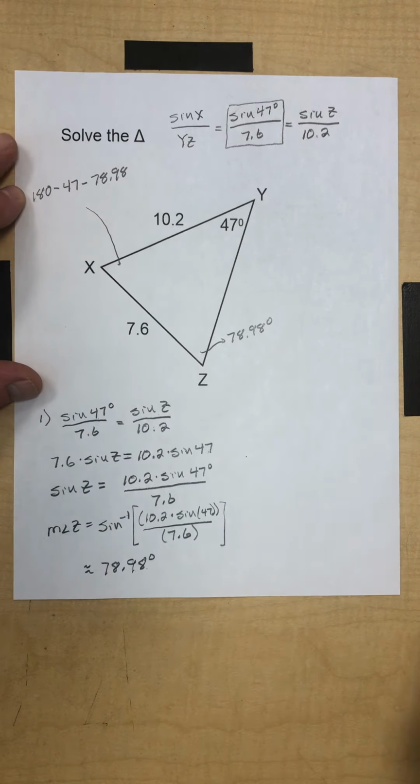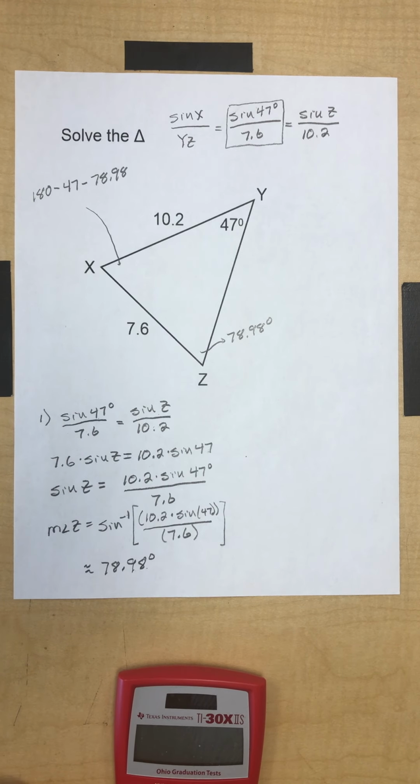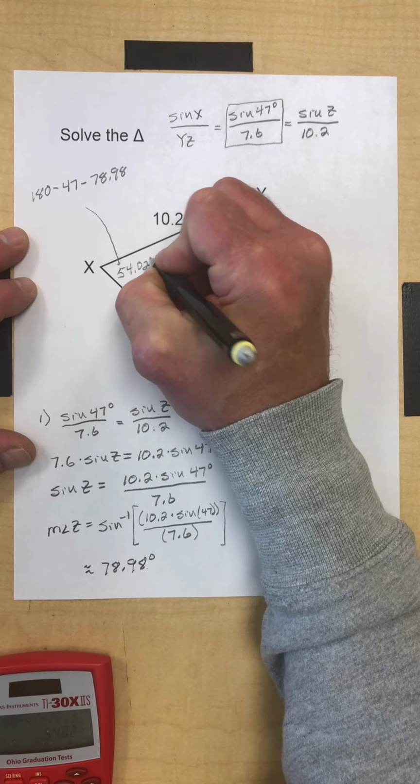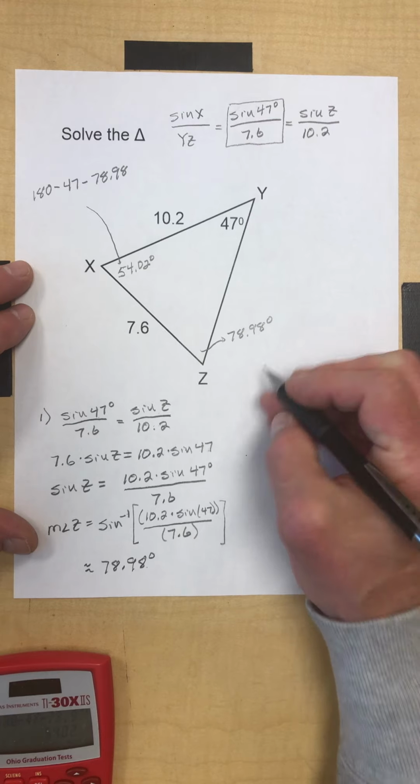And I can get a good approximation for that angle measure. So we go to our calculator, 180 minus 47 minus 78.98, and I am getting 54.02. All right, now granted, that's an approximation, but it's a pretty good approximation.